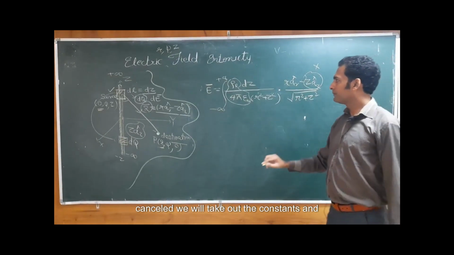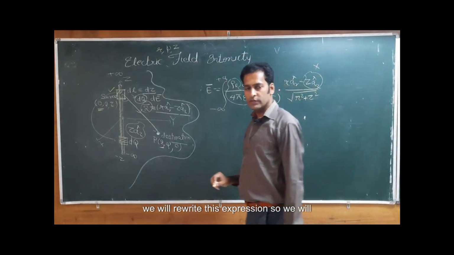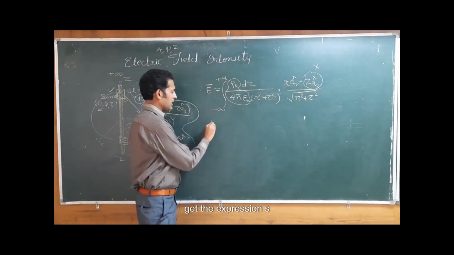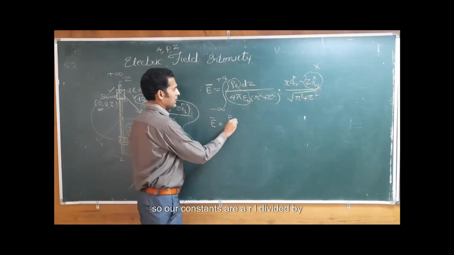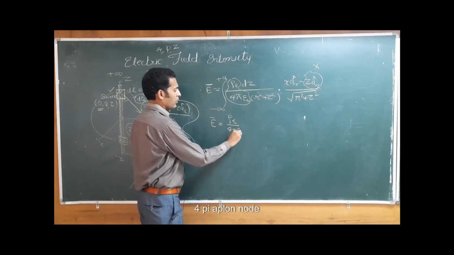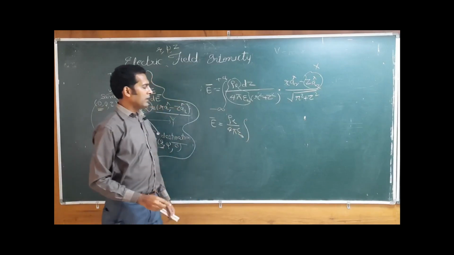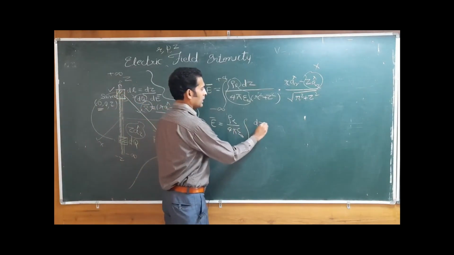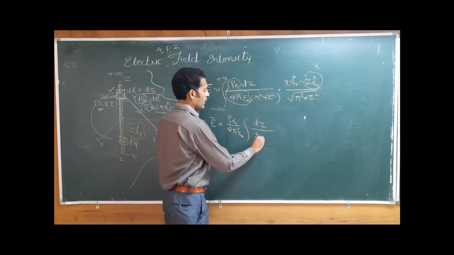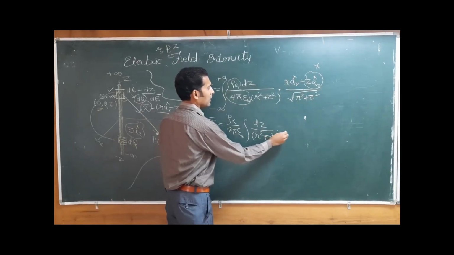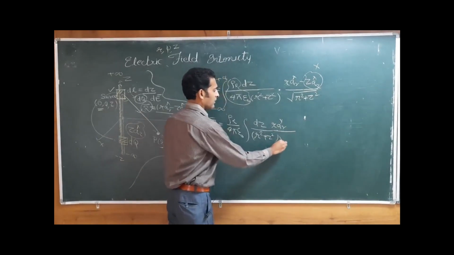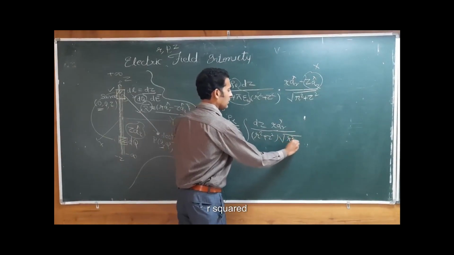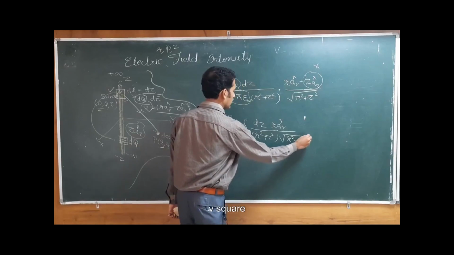We will take out the constants and we will rewrite this expression. So we will get the expression as E bar equals our constants, rho L divided by 4 pi epsilon naught, integration of dz by r square plus z square into, here we will take r cap divided by square root of r square plus z square.